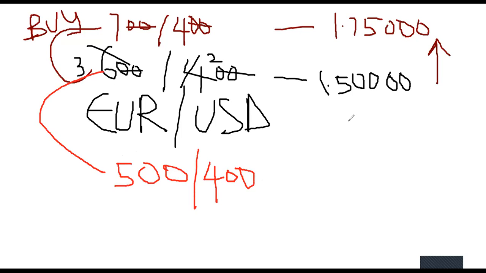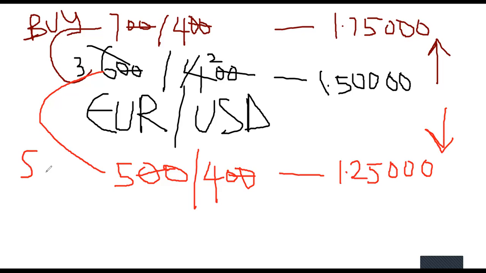So if it reduces to 500, then zeros cancel zeros. 5 divided by 4 is what? 1.25000. So in this case, we can say that we can enter this market as a seller.